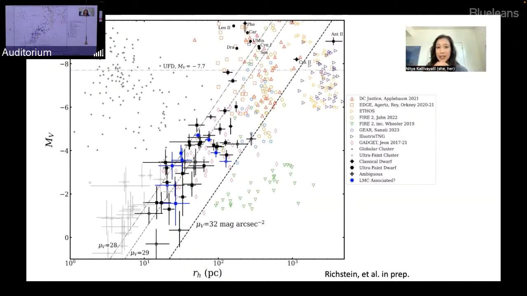Another striking aspect of this plot is where the classical dwarfs of the Milky Way lie. Again, there are some simulation analogs without the error bars up here as well. But this entire space is quite empty in terms of observational analogs. I don't want you to get too hung up on the number of simulated dwarfs here, because we've just put all of the simulation points on this plot.